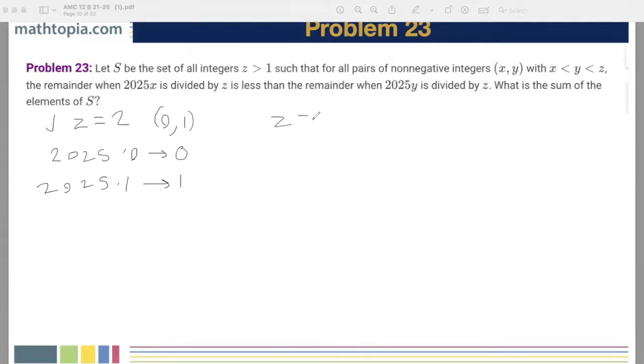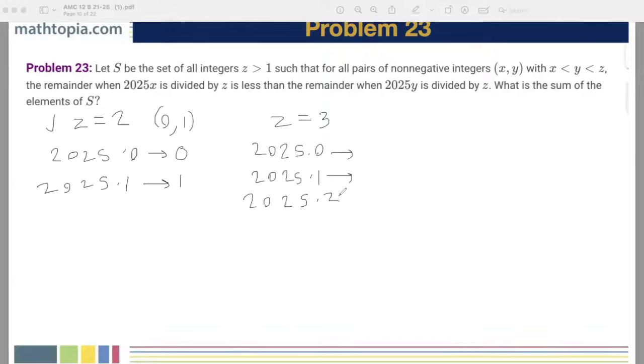Then we can try z equals 3. We could try all the different pairs 0,1, 0,2, 1,2, and compare them one at a time. Or, faster, we can just calculate all of them at once: 2025 times 0, 2025 times 1, 2025 times 2.